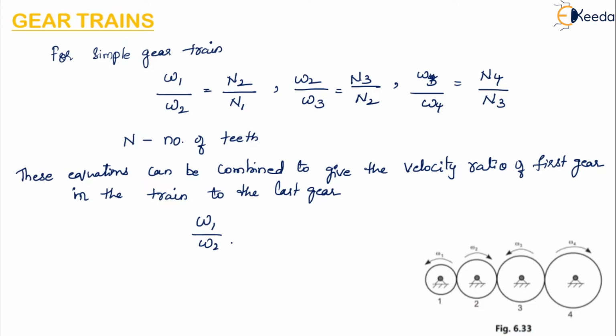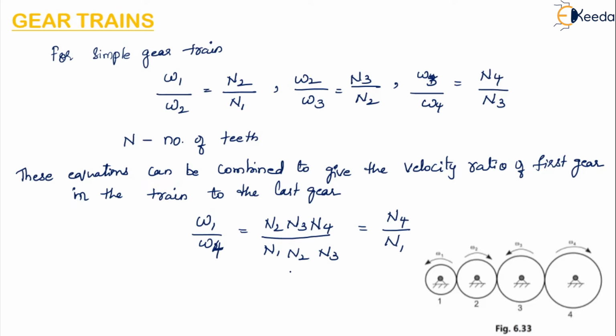Omega 1 divided by omega 4 is equal to n2 into n3 into n4 divided by n1 into n2 into n3. So we can write it as n4 divided by n1.